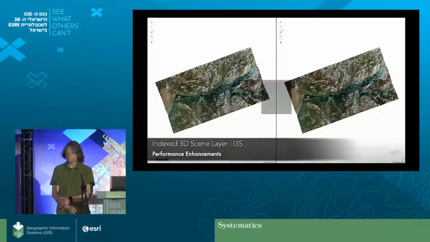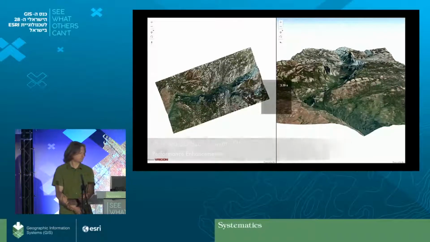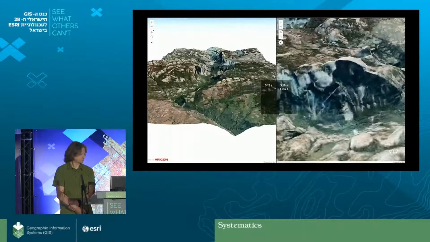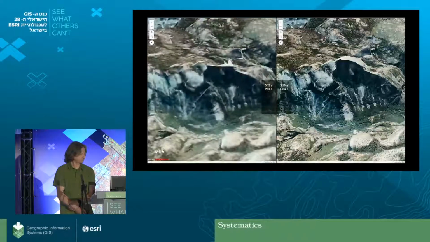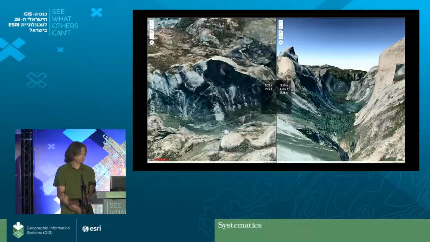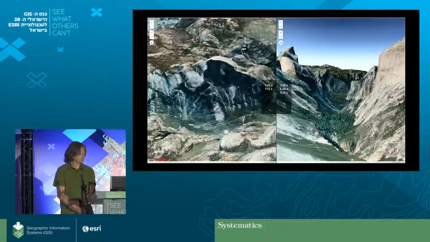Besides rendering improvements, we also worked on performance. I3S, Esri's open standard for streaming large amounts of 3D data, now uses oriented bounding boxes and geometry compression. By supporting the latest version, the JavaScript API now renders scene layers twice as fast.